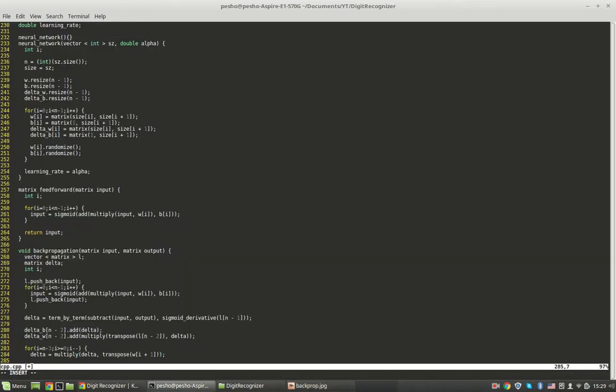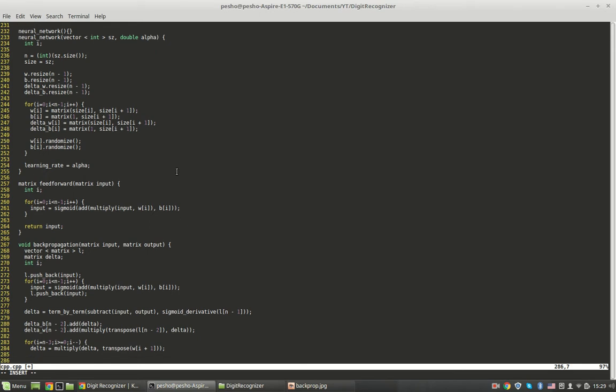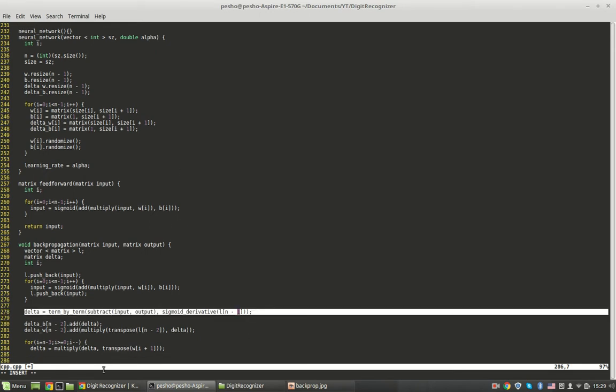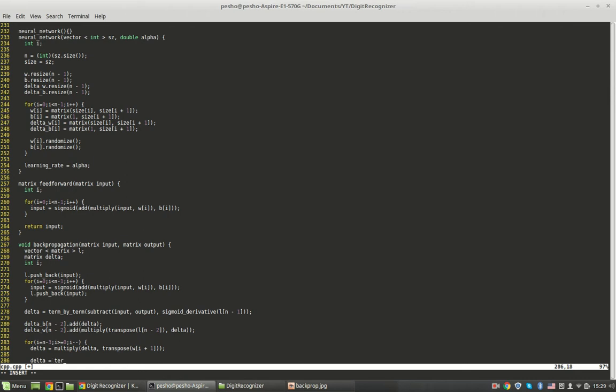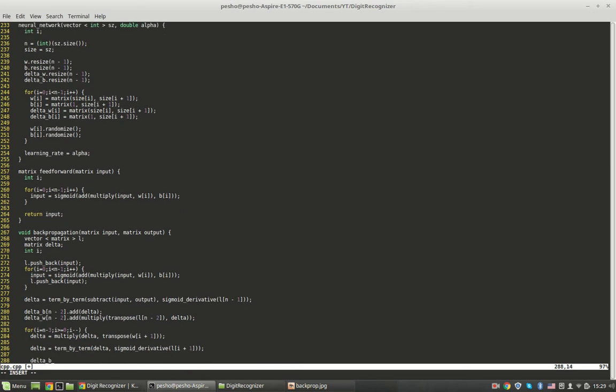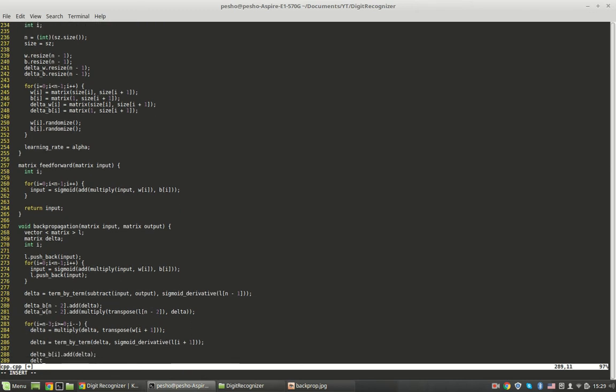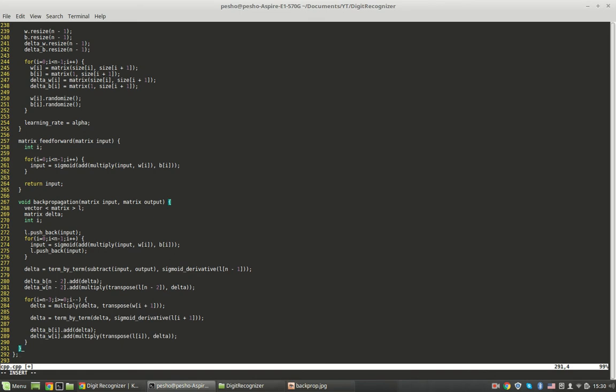And now we do pretty much the same thing as we did here. The current delta becomes the term by term multiplication of the current delta and the sigmoid derivative of layer I plus 1. Then we say delta B I dot add delta, and delta W I dot add multiply of transpose L I and delta. So that's pretty much the back propagation.